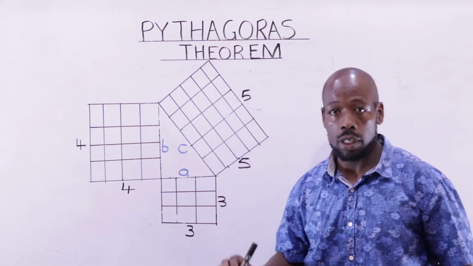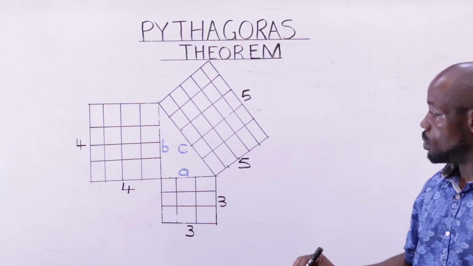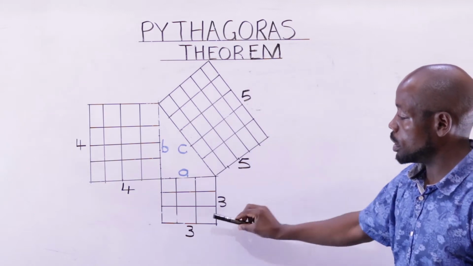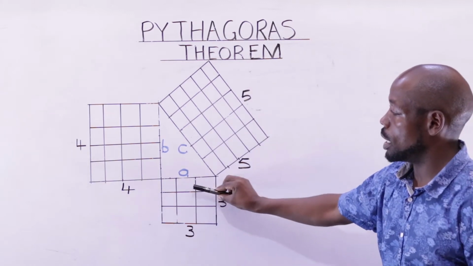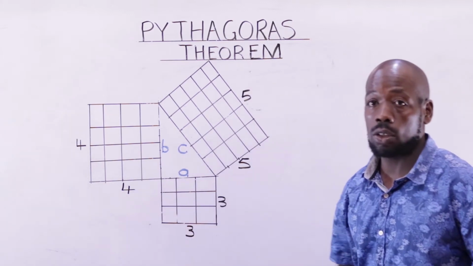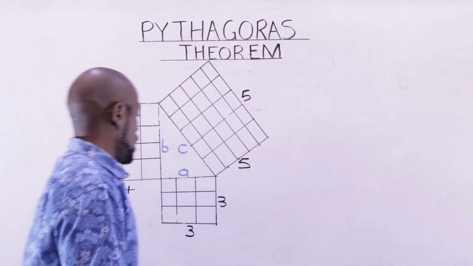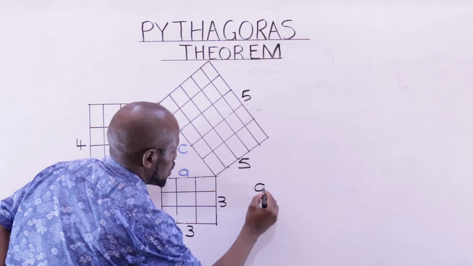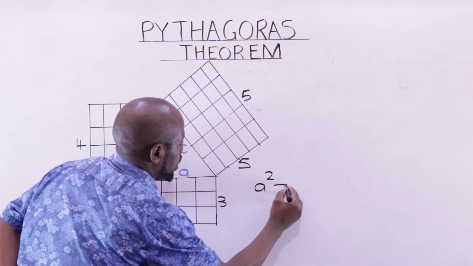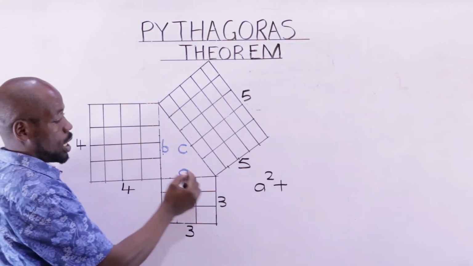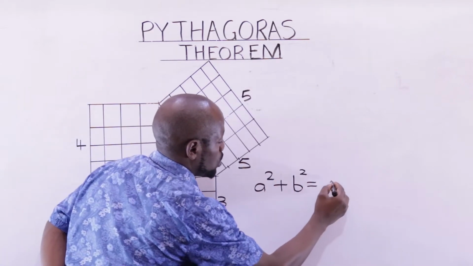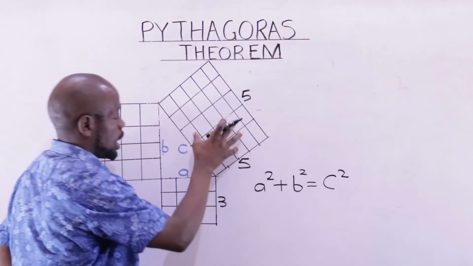Now, this theory explains how we derive this bigger area by adding the square of the base and the square of the height. So let's look at this. If we take a squared plus b squared, which represents the height, should be equal to c squared, which is the hypotenuse.